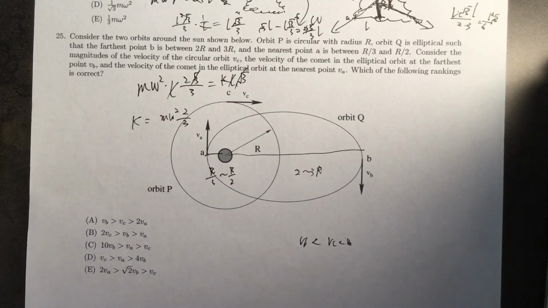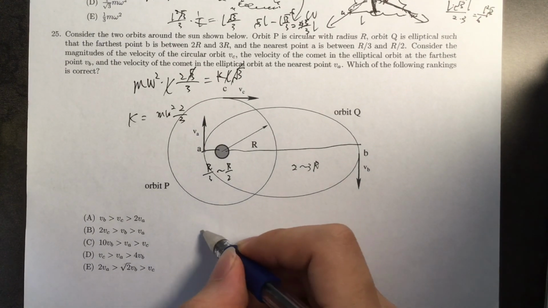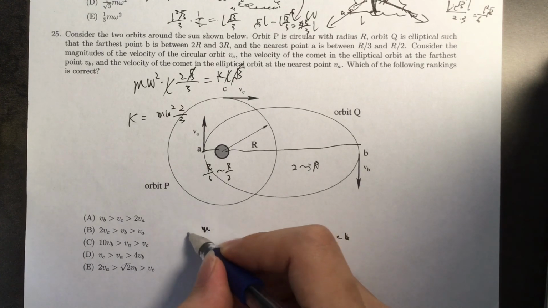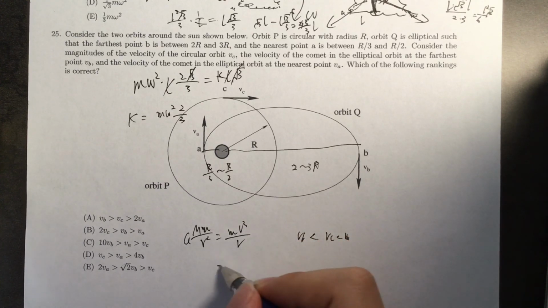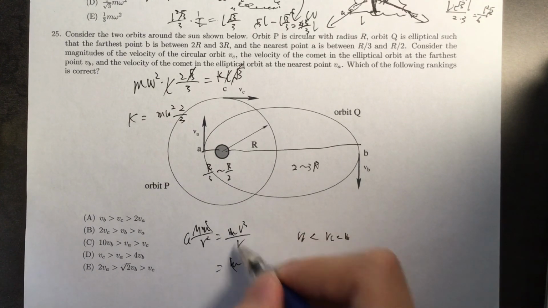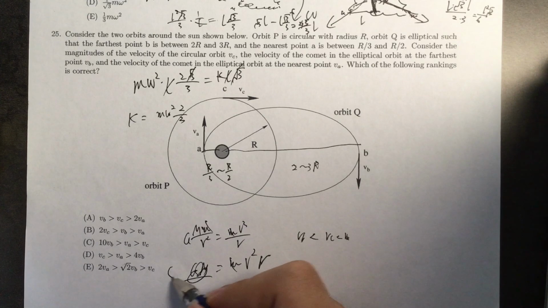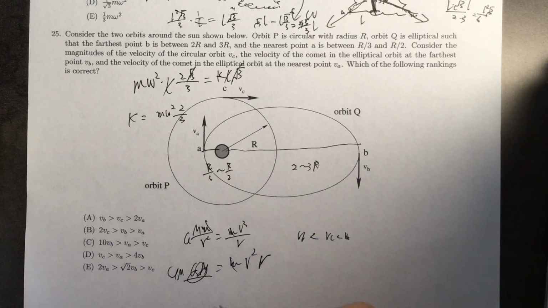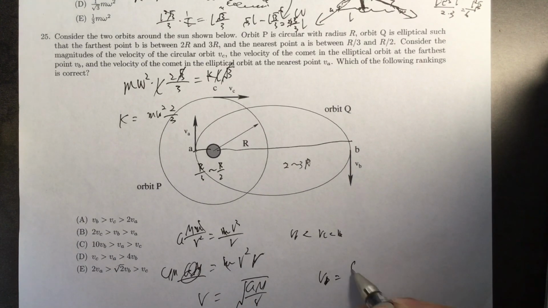Okay. So by balancing the gravity and centrifugal acceleration, we have GM over R squared is equal to v squared over R. So we multiply both sides by R. The m cancels out, v squared is equal to GM over R. So v is equal to the square root of GM over R. Okay, so VB is the square root of GM over 2 to 3R.